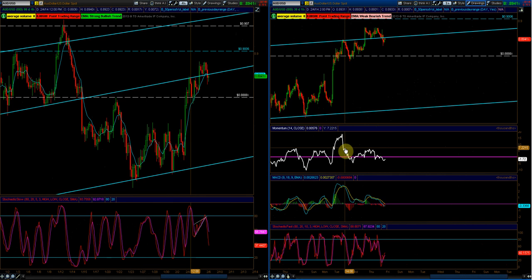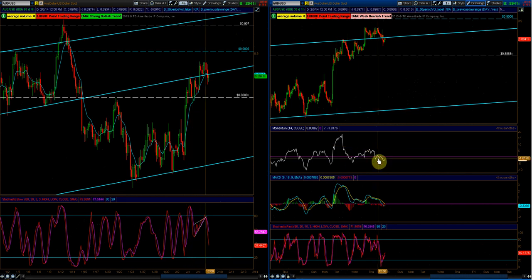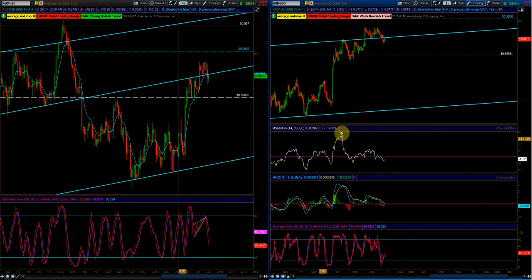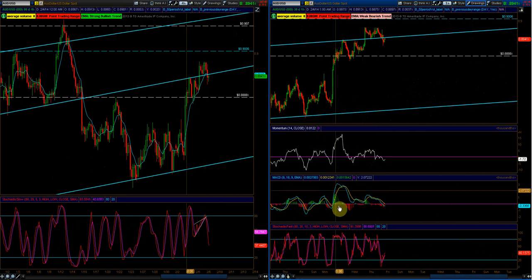Also, I forgot to mention, as another indication that we're headed down from this area, we have a bearish divergence on the momentum and the MACD.